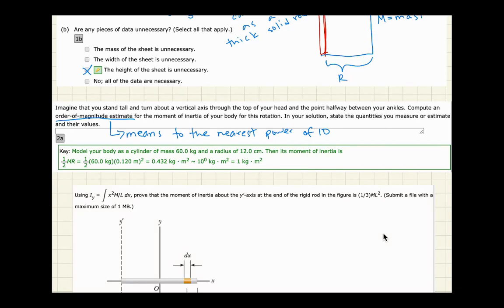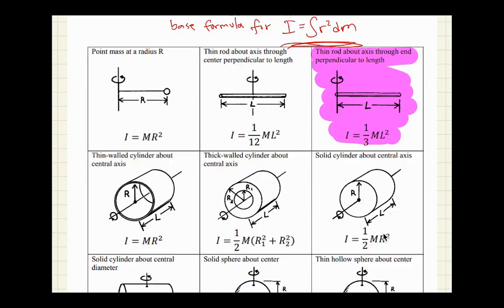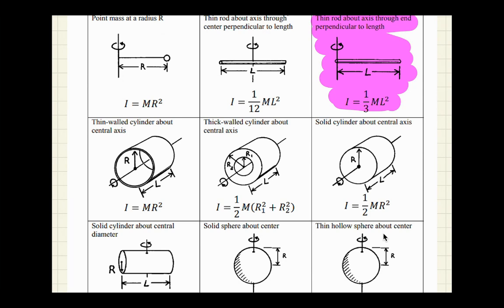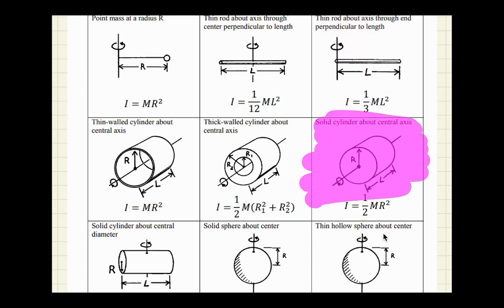So the real question here is, what shape is my body best modeled as? And the best answer to that is probably a relatively solid cylinder, right? So in this case, I am a solid cylinder rotating about a central axis.